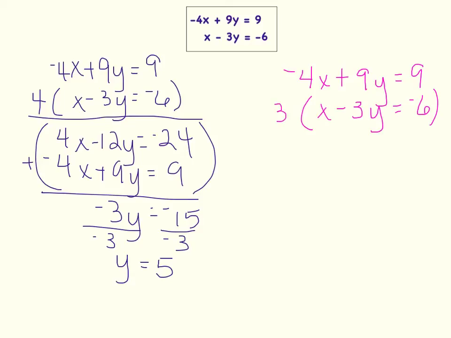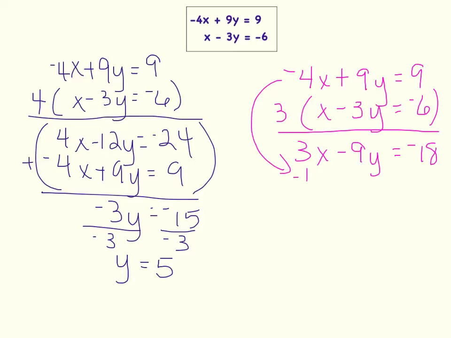And when I do that, I get 3 times x is 3x. 3 times -3y is -9y. And 3 times -6 is -18. Now that I've done that, I'm just going to bring the original equation down so that I have -4x plus 9y equals 9. And now I can simply add these two.